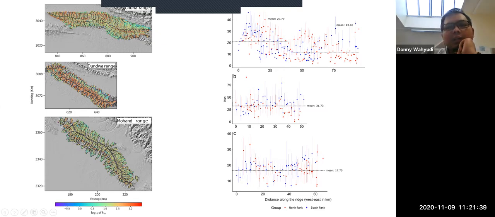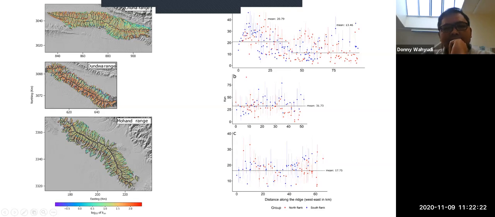And we can see here that the Western Churia has an increase of KSN values to the west, with the mean of 20.79, and the eastern part of the Churia range is lower with the mean of 13.46. And if we look at the Dundua range, the mean for the KSN is 31.73, and the Mohan anticline has the mean of 17.75.